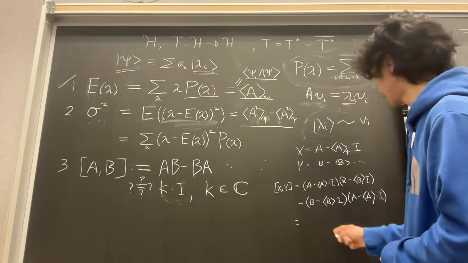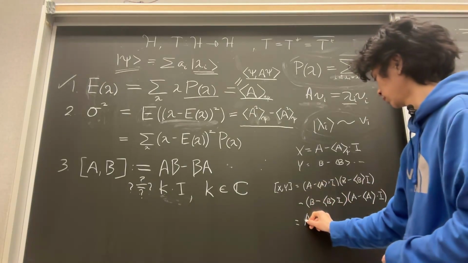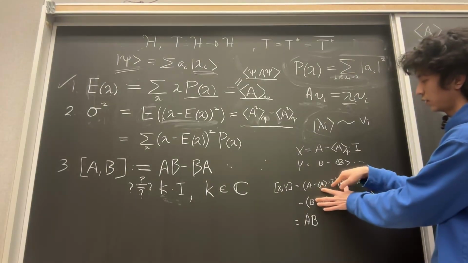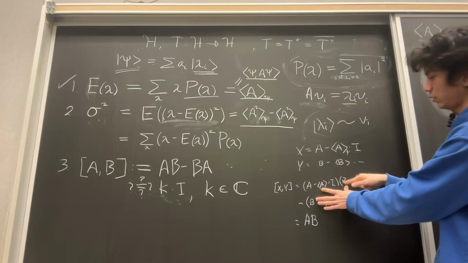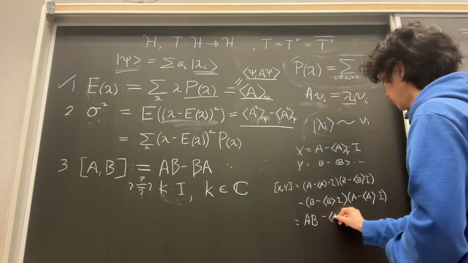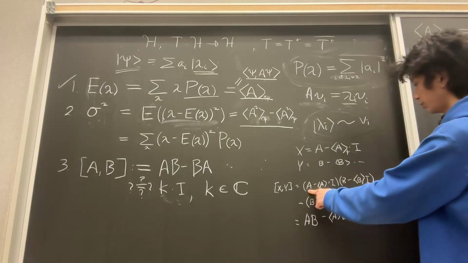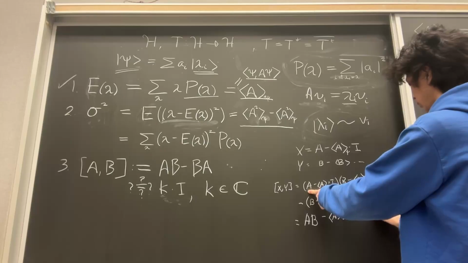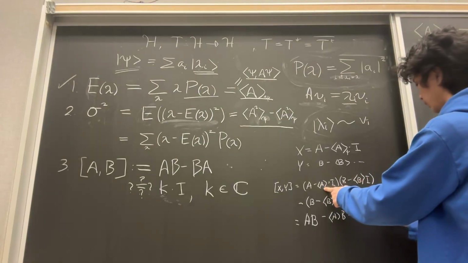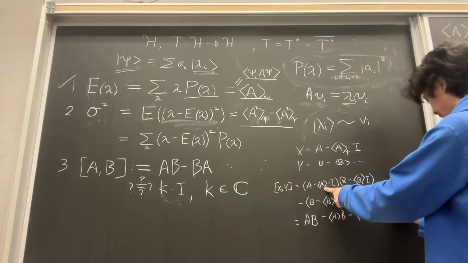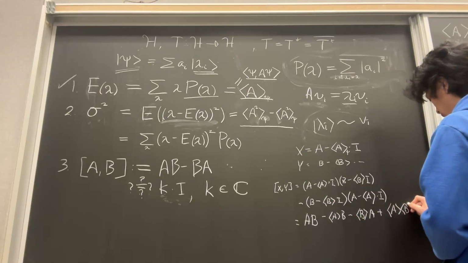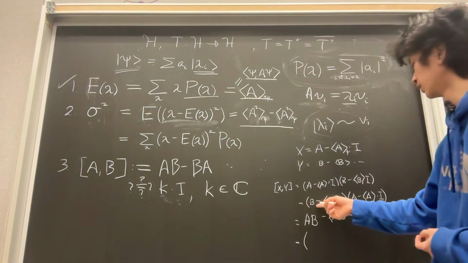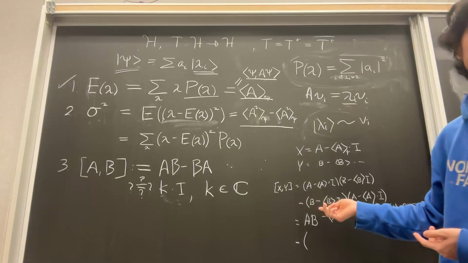Okay, so let's just expand this. A times b is just ab. And then these two, this is just a scalar. This is identity, so it just gives you b. So it's minus mean of a times b. These two terms, same thing, so it's just mean of b times a, right? And then the last two terms, you get a plus the two means with an I. And then the bottom line, you have a minus sign in front, and then it's the same thing. You just switch B and A around, right? The roles are switched.